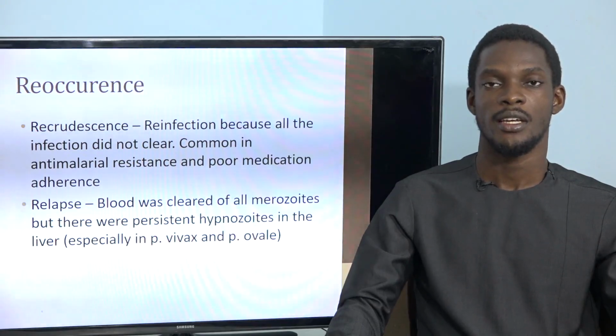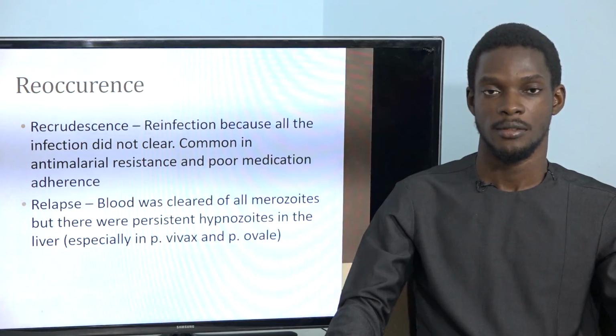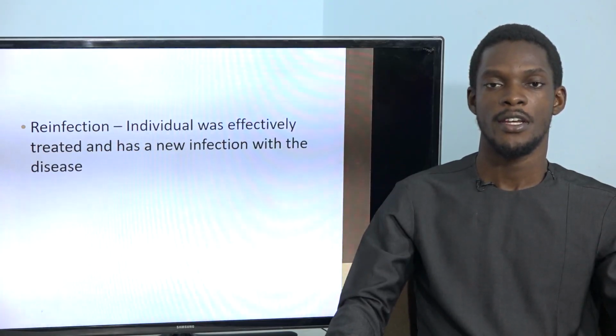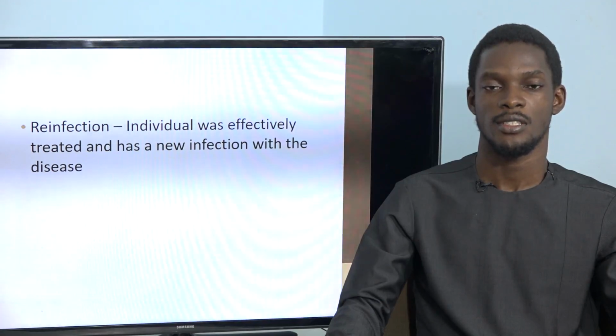Relapse tends to occur when all parasites cleared from your bloodstream, but hypnozoites were left in the liver, particularly in Plasmodium vivax and Plasmodium ovale infections. Then you have reinfection. Reinfection is the most common cause of recurrence, where a person is totally cured of the disease and then gets bitten by another mosquito at a later time and gets reinfected with the disease.